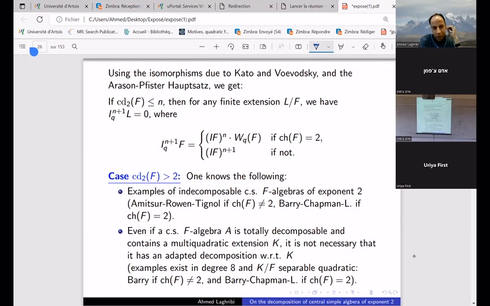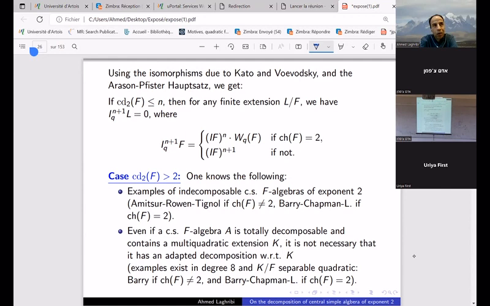That was done by Barry if the characteristic is different from 2, and by Barry, Chapman, and myself in characteristic 2. Of course, we used an invariant that we recently attached to any biquaternion algebra, and this invariant detects the descent of the biquaternion algebra, and using this invariant we constructed such an example.